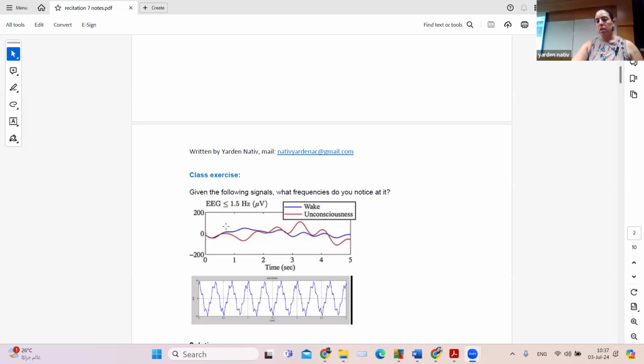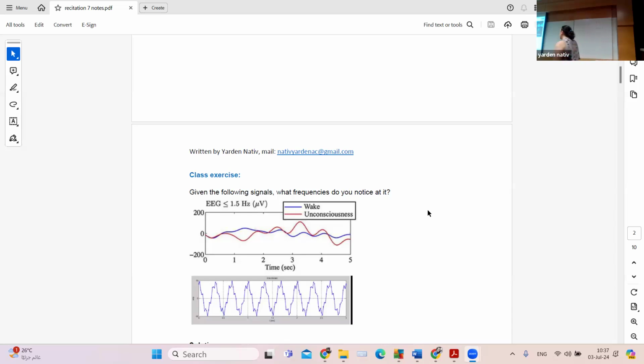Let's count the peaks: 1, 2, 3, 4, 5, 6, and 7. So we have 7 peaks within 5 seconds, which are these small peaks over here. And we have another smaller wave that goes like here, and this one is almost 5 seconds. So we have 2 frequencies. Do all of you see that already in the signal?